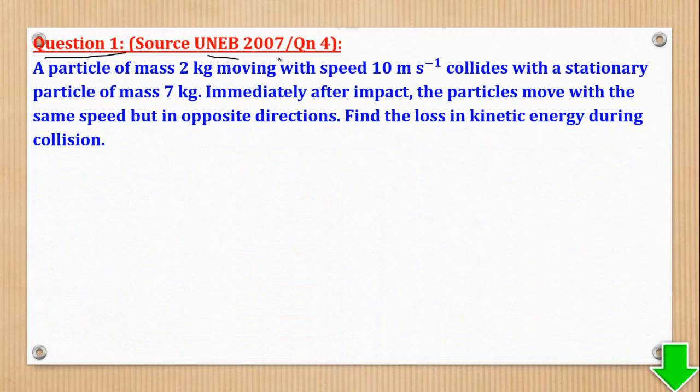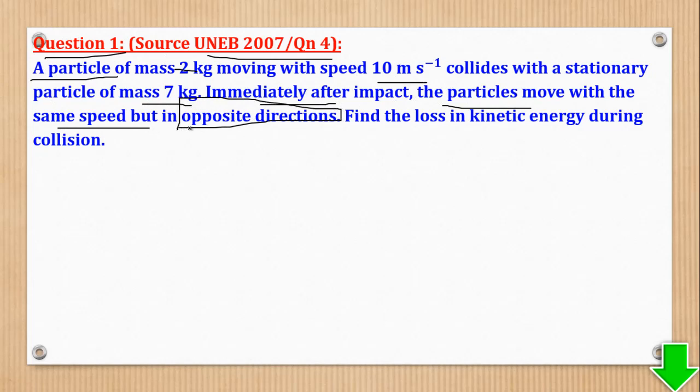Question 1 came from UNEB 2007, paper 2, question 4, and it says, a particle of mass 2 kilograms moving with a speed of 10 meters per second collides with a stationary particle of mass 7 kilograms. Immediately after impact, the particles move with the same speed, but in opposite directions.